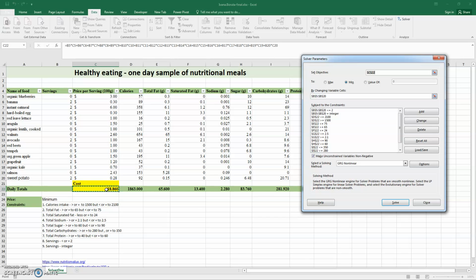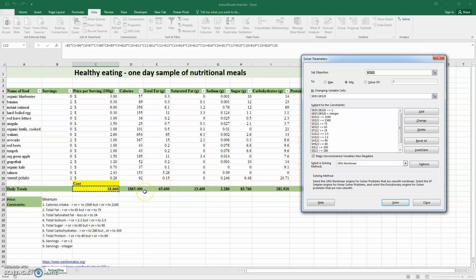So I set it to minimum value because we want the minimum amount of money spent but for the highest nutritional value. And Solver works with a group of cells called variable cells.